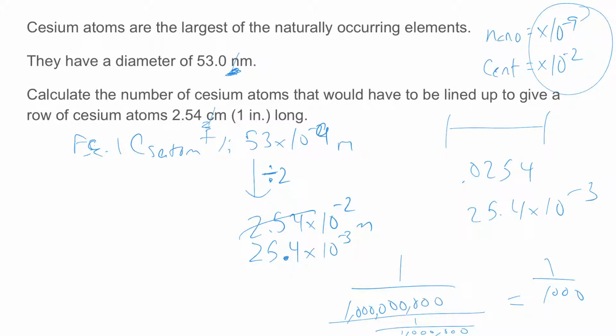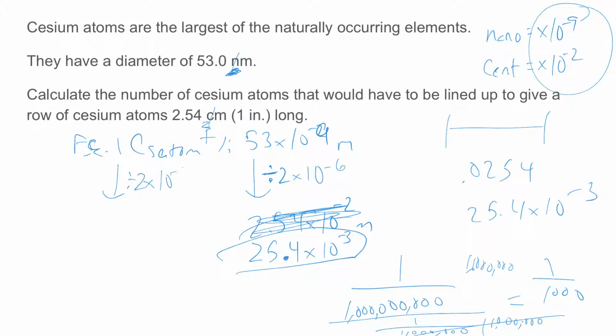Because then that million, you'd have to multiply by a million over a million. And that would get us here. So we're dividing by 2 times 10 to the negative 6th, because we want to get to this number. Remember, we're ignoring that one. So we're going to divide by 2 times 10 to the negative 6th.